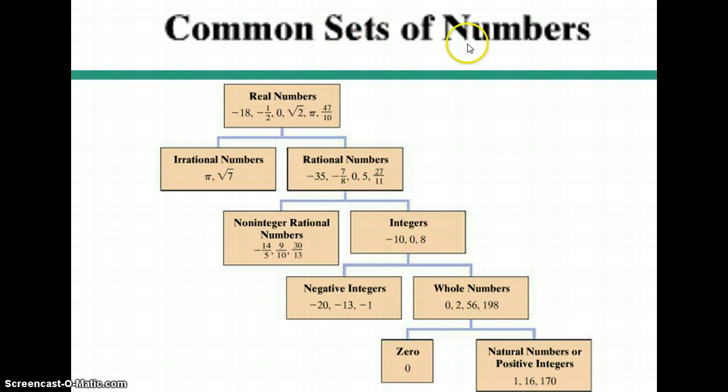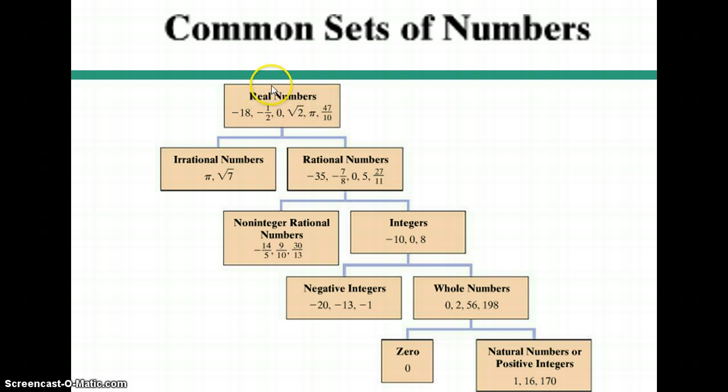Common sets of numbers. Real numbers. Look at some examples of real numbers: negative 18, negative 1 over 2, 0, root 2, pi, 47 over 10.